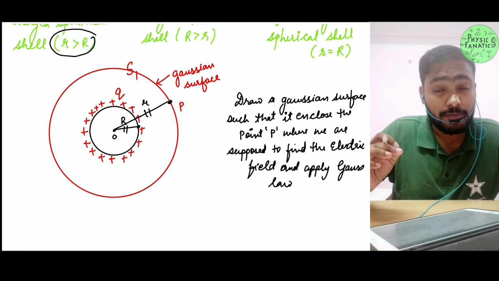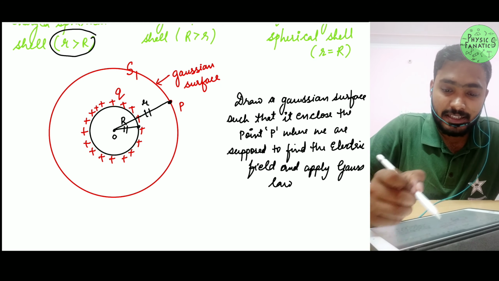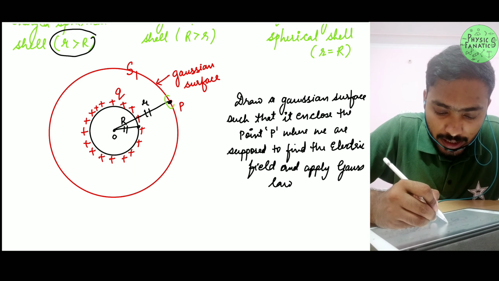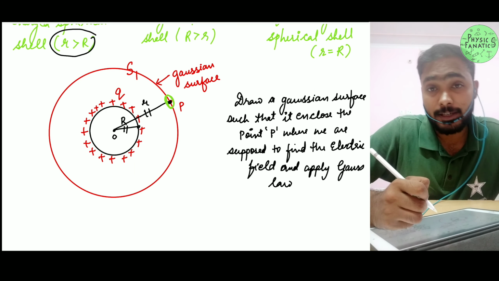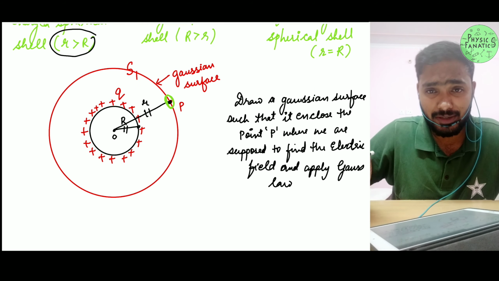So how am I supposed to apply the Gauss law? Just like we did in the previous video, the spherical case, I'm going to assume a small area at point P. You can assume it anywhere on the Gaussian surface, it does not matter.